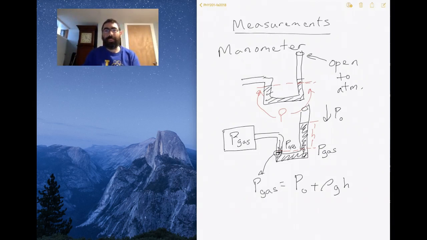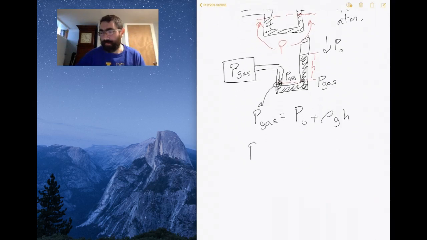We're using the same equation to figure out the pressure at the depth, and now the pressure at the depth is the pressure of the gas, which is hooked up to the left-hand side of the manometer, which pushes the fluid a distance h in the open column. Since this is 1 atmosphere with the manometer, the pressure that we're measuring is 1 atmosphere plus the density of the fluid times g times the height of the column that it's moved.